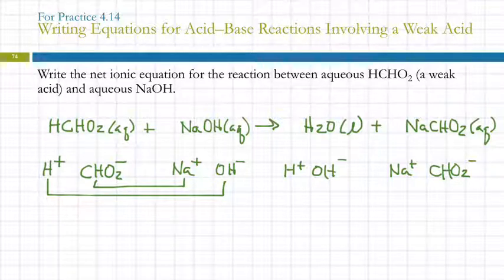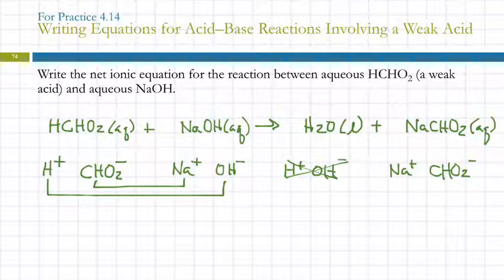So the net ionic equation, we're not going to break water into ions because it's a liquid. It's not a soluble ionic compound. This is a soluble ionic compound that breaks into ions. Sodium hydroxide breaks into ions. This is a weak base. Got to watch out for those.